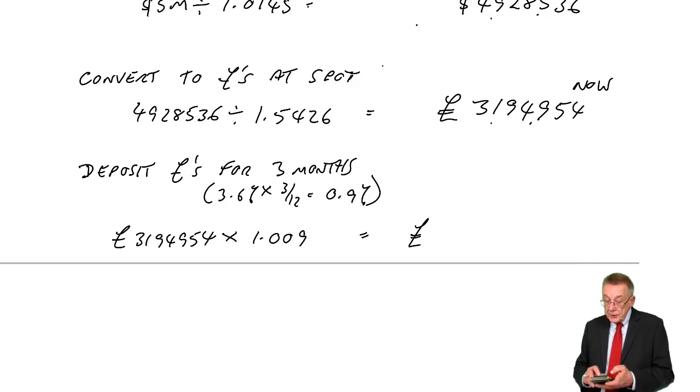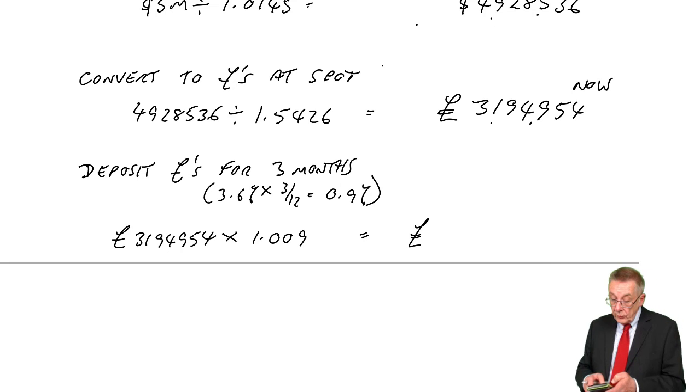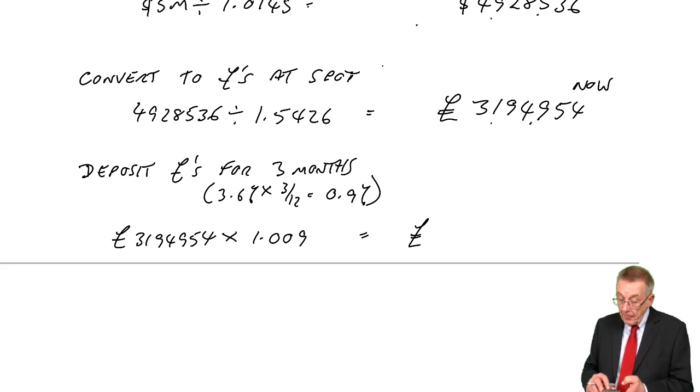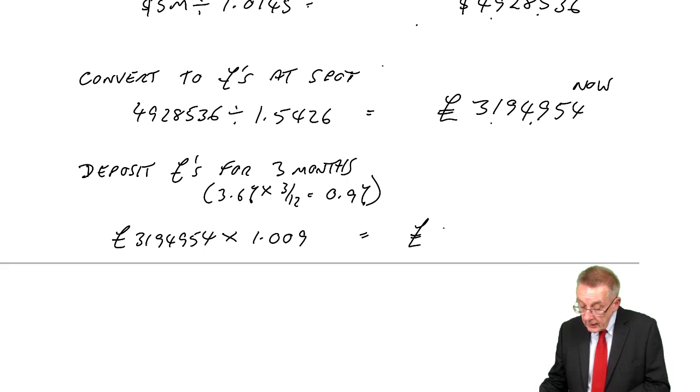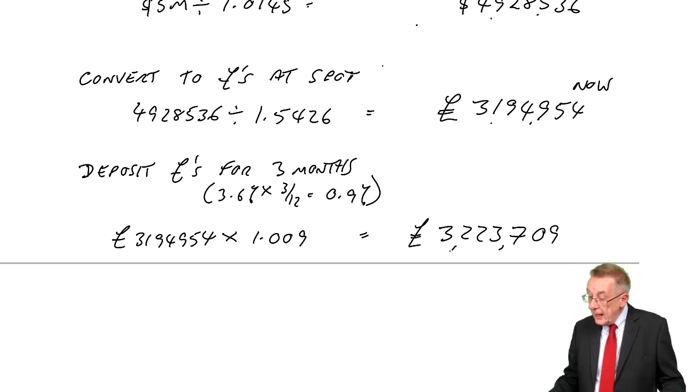Means it'll have grown to 3,194,954 times 1.009, which is 3,223,709, and that amount is fixed in 3 months' time.